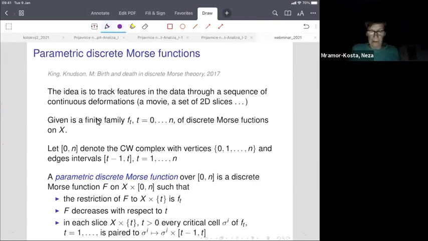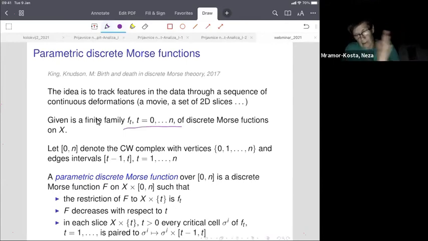More specifically, we have a finite family of discrete Morse functions on one space X. We consider this family F_t, as t goes from 0 to n, as a sequence of deformations of a specific function.